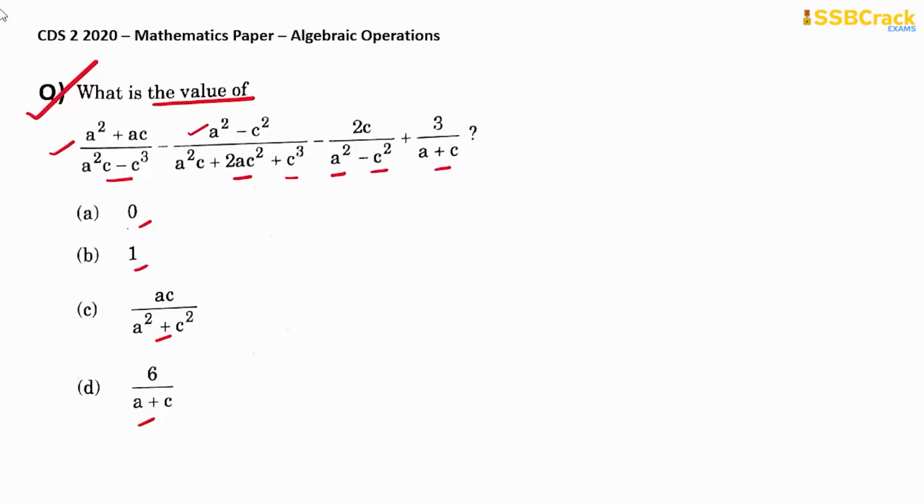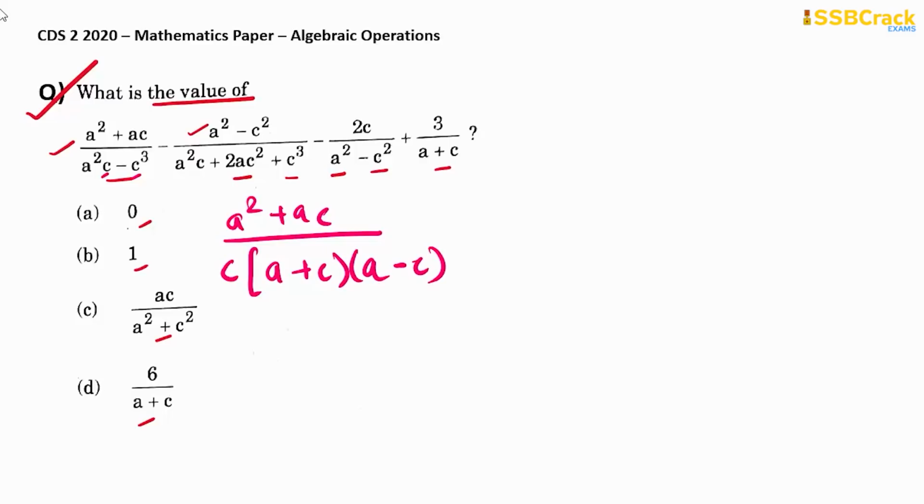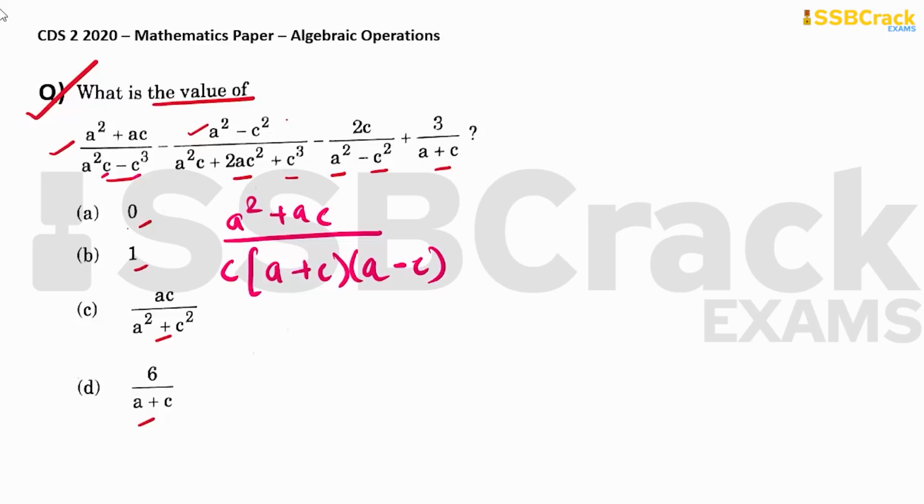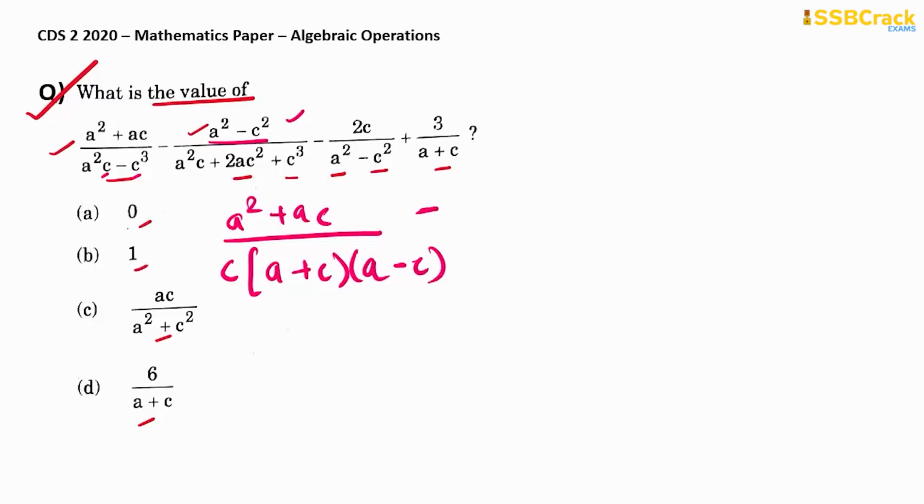So we can write this statement as a square plus ac upon, we can take c common here, so it will be c common and in the bracket we will have a square minus c square. So we can write a square minus c square as a plus c into a minus c. Okay. Similarly, we can write the second term. So here in the second term's numerator we can open the identity. So it will become a minus c into a plus c upon, again we can take c common.